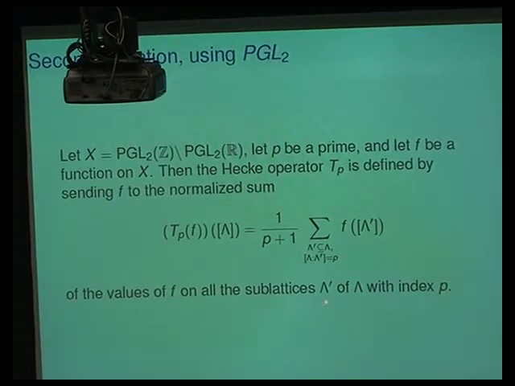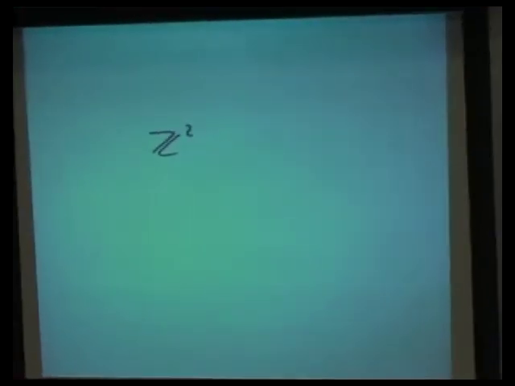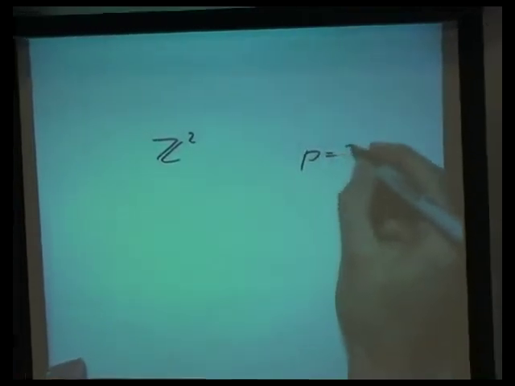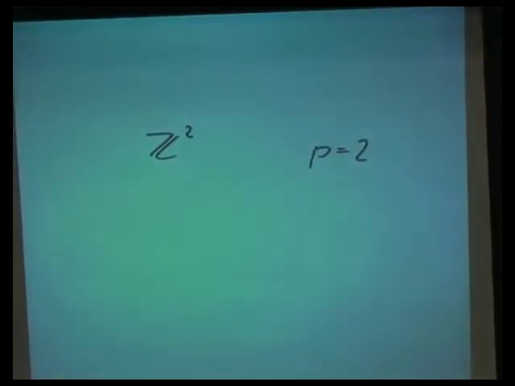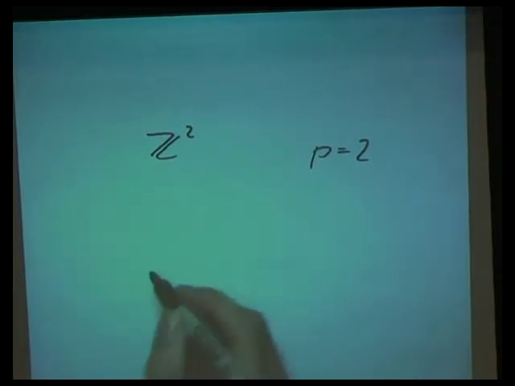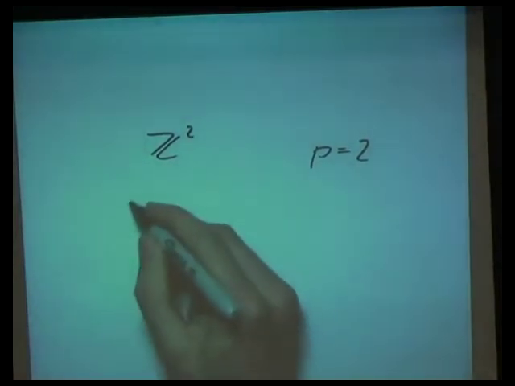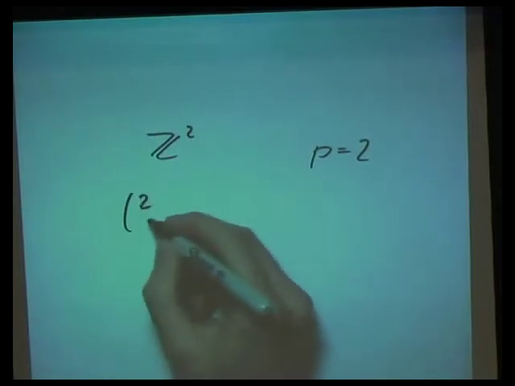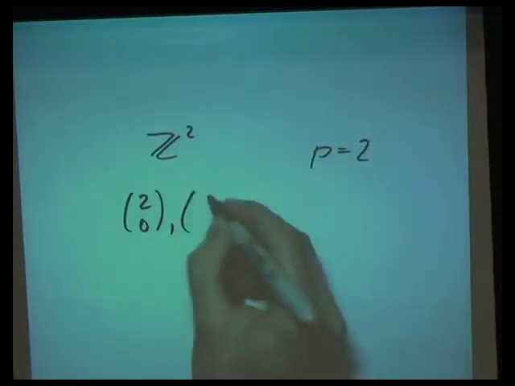And maybe this is an important thing to point out. If you take C2 and P equals 2, how many index P lattices do you have, right? You could have the lattice generated by (2, 0) and (0, 1).